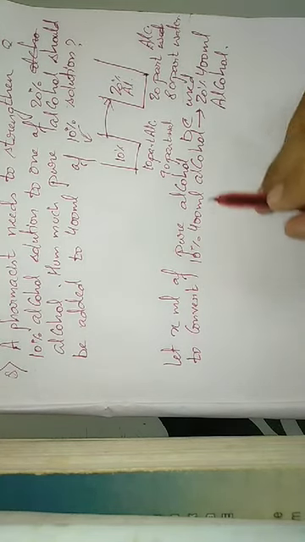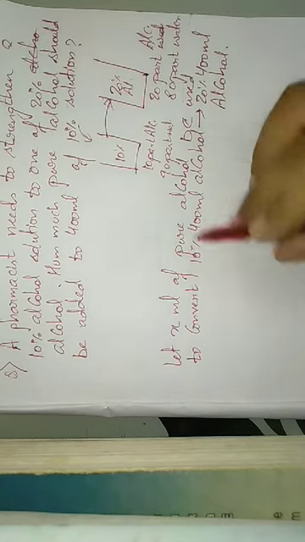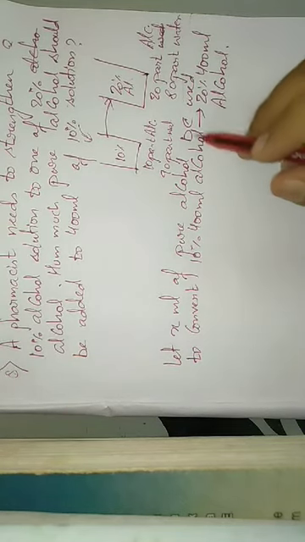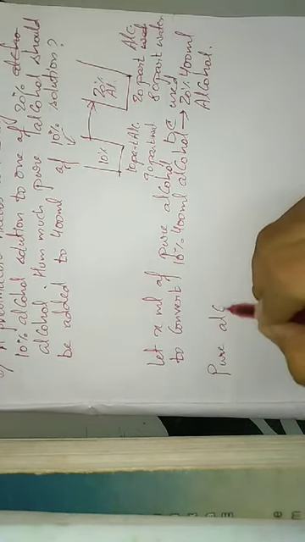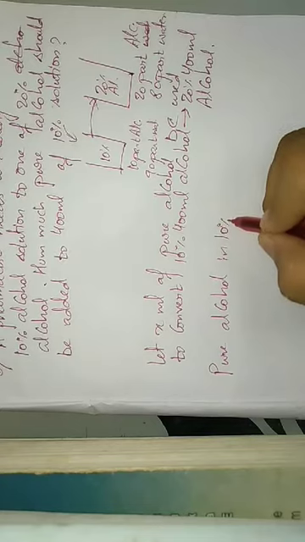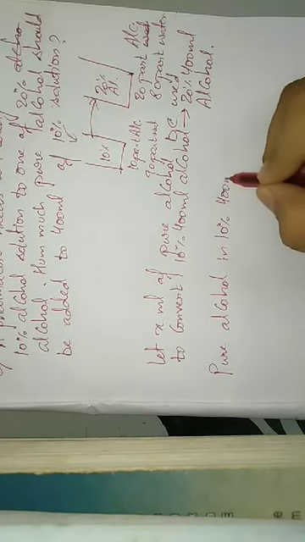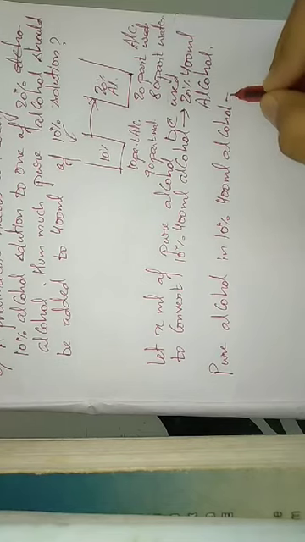We need to first check how much quantity of alcohol is there in this 400 ml of 10% alcohol. So the amount of pure alcohol in 10% 400 ml alcohol is equal to 10% of 400 ml.